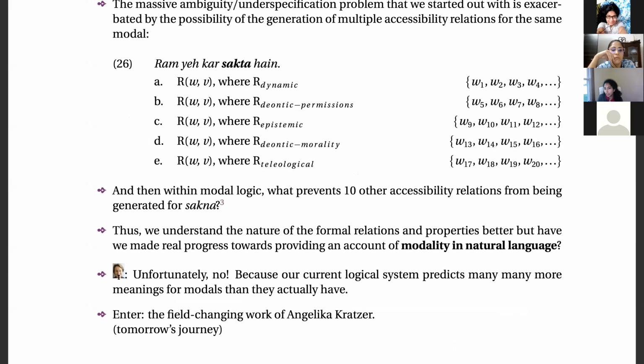This is her 1981, actually 1977, she already was saying these things. She's saying, no, with this kind of framework, you cannot have an account of modality in natural language. This is way too powerful, it's massive. It's too massive, right?